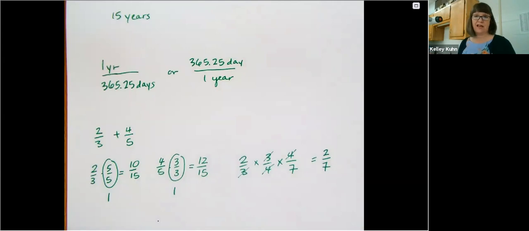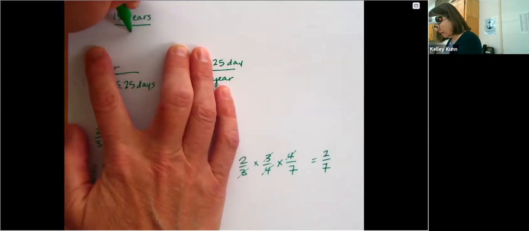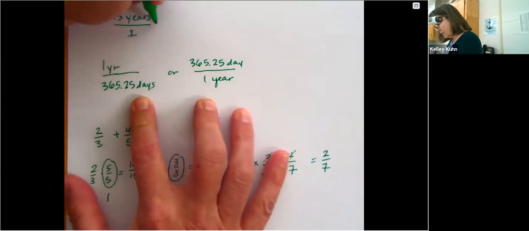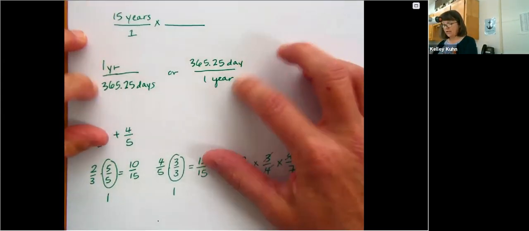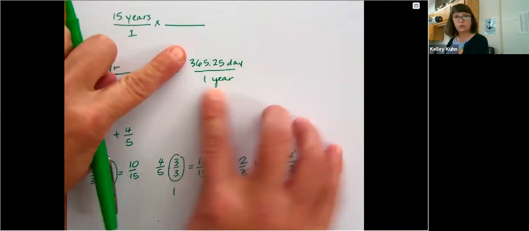Well, in dimensional analysis, instead of focusing on the numbers to cancel, we're focusing on the units to cancel. So my 15 years is kind of understood to be a ratio with an understood 1 on the bottom. So if I multiply this, which one of these would allow my unit of years to be on top and on bottom? Well, this one, right?